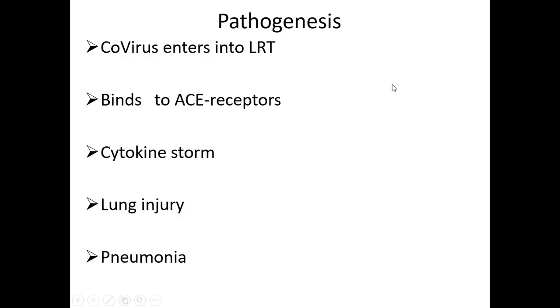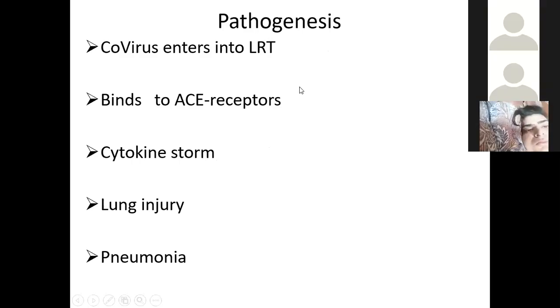The pathogenesis: how and when the disease is caused. The coronavirus enters into the lower respiratory tract epithelium, and this virus binds to the ACE, the angiotensin converting enzyme receptors, which are present on the surfaces of the alveoli of the lungs, and this leads to the production of cytokines.